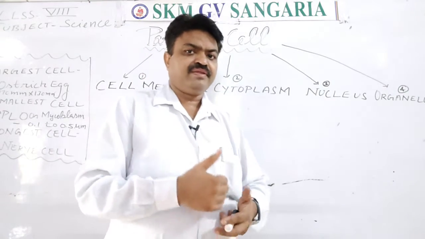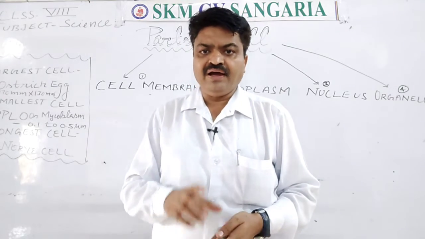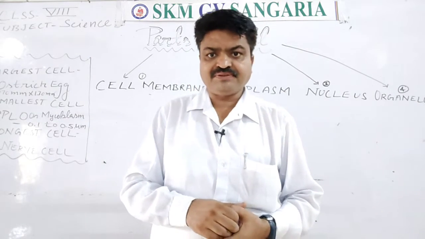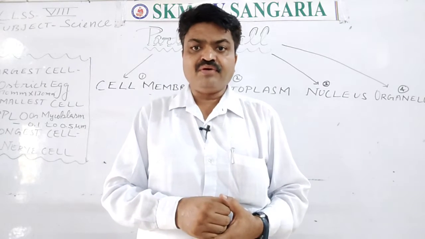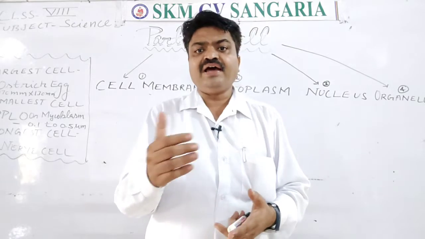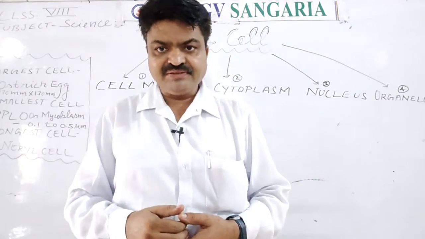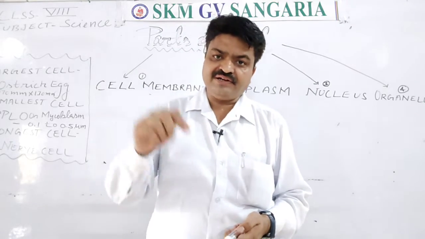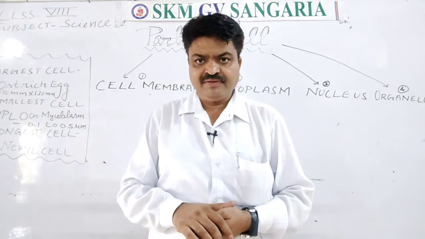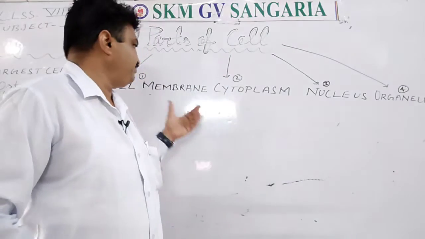Mainly protein is found in the cell membrane, students, and it helps in the transportation of substances and allows the entry or exit of substances. Means substances enter the cell or exit from the cell with the help of the cell membrane.